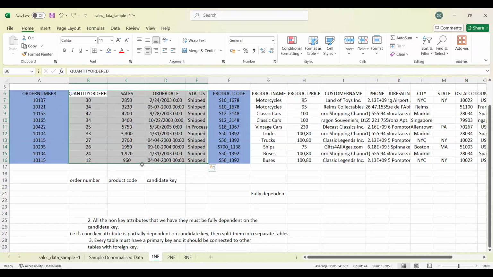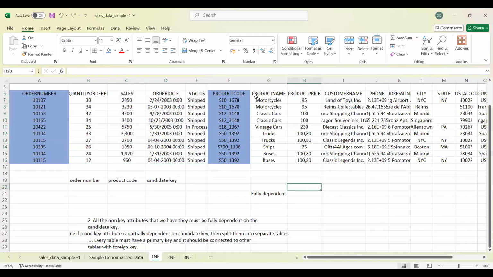If we have any data that depends on both columns of the candidate key, on the order number and on the product code, only for that will we call it fully dependent. But basically we don't have any fully dependent columns here. These columns depend only on the order number. It has nothing to do with the product code.